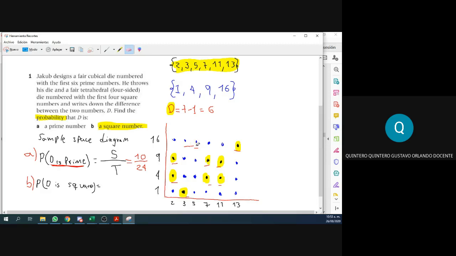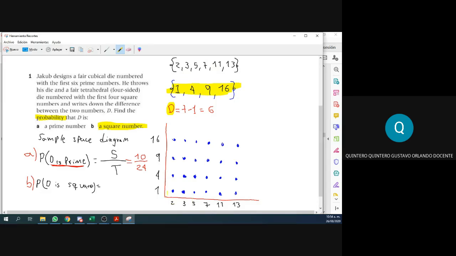We have to erase our highlightings and re-highlight the answers that we actually care about for this question, right? So we want to find values that are square numbers. So instead of the primes, we want these ones. Square values, right? Square numbers.